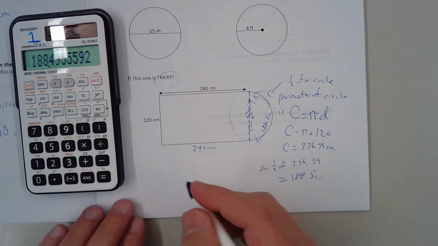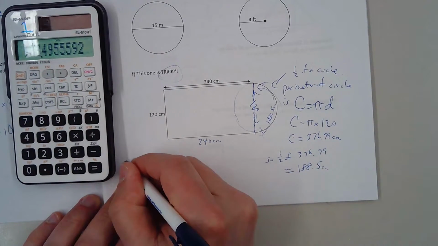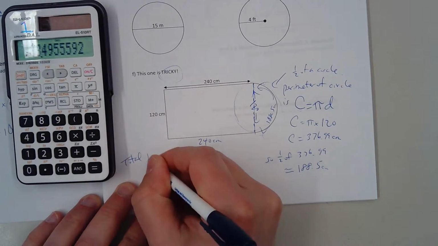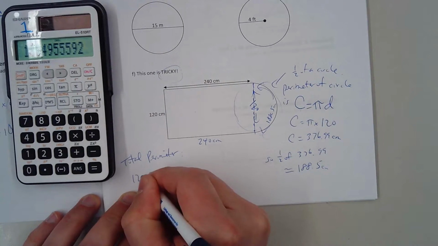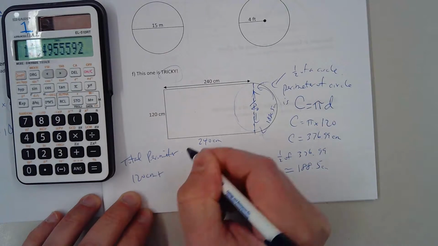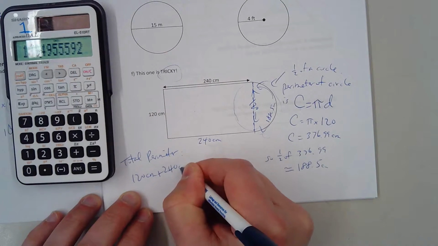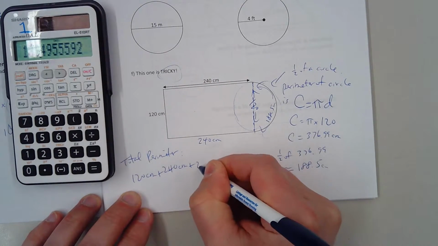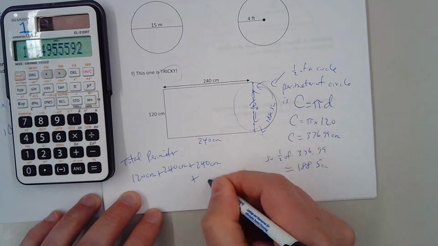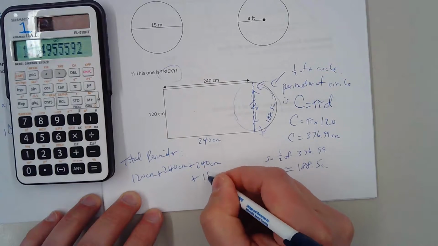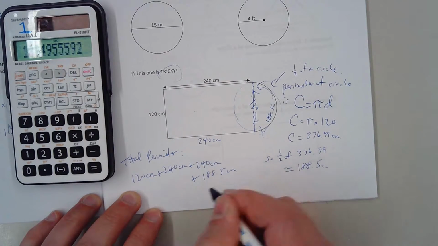Now I can just add them all up. So the total perimeter is going to be the 120 over here, plus the 240 on top, plus the 240 on the bottom, plus the calculated amount of the curve, which is 188.5.